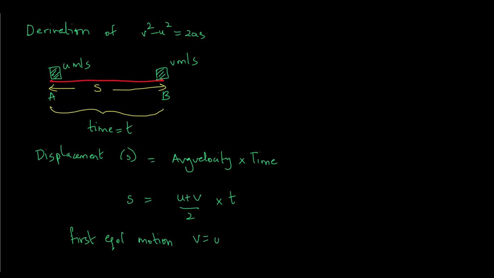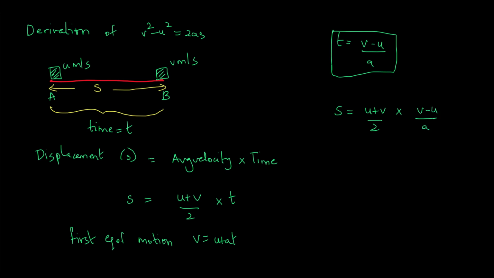From the first equation of motion, v = u + at, so t will be equal to (v minus u) by a. So I'll substitute in s = (u + v) by 2, in place of t, (v minus u) by a.